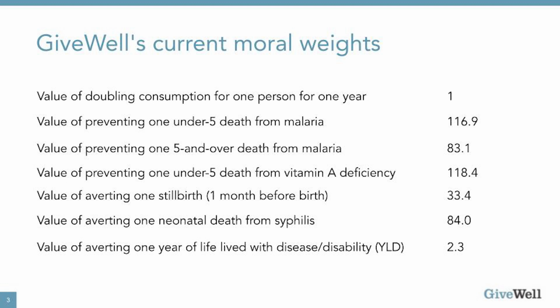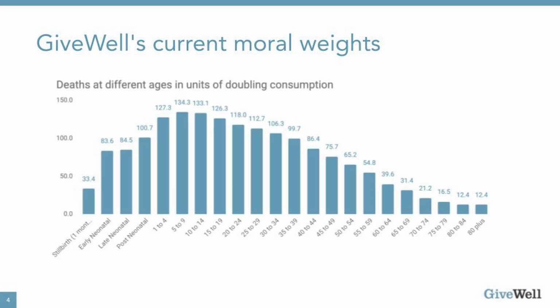One question that comes up sometimes is, why would we have different values for an under 5 death from malaria and an under 5 death from vitamin A supplementation? This is just because the average age of someone dying from vitamin A deficiency versus malaria is different. So it really reflects differences in ages. We also want to have a curve for the differences in the moral value of deaths at different ages.